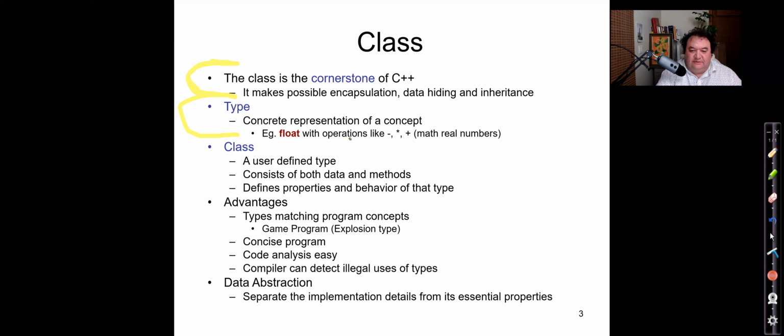So it's a very important abstraction, generalizing similarly to numbers and other basic data types like a float. A float has operations like plus, minus, multiplication. Now, a float happens to be stored in a particular sequence of bytes that is handled directly by the hardware.